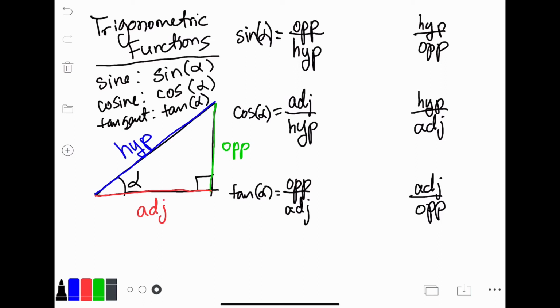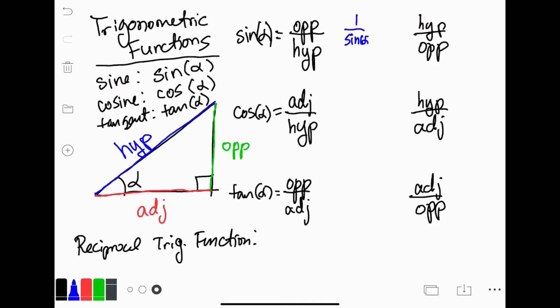So we talked about here the reciprocal ratios. These technically also have functions as well. And these are called the reciprocal trig functions. Okay? So, the reciprocal of sine. Let's go ahead and do this in a different color. 1 over sine of alpha.